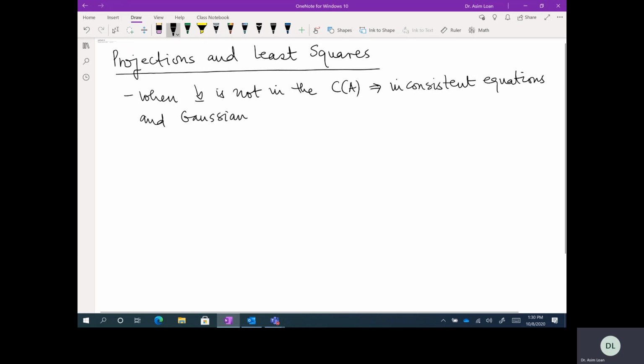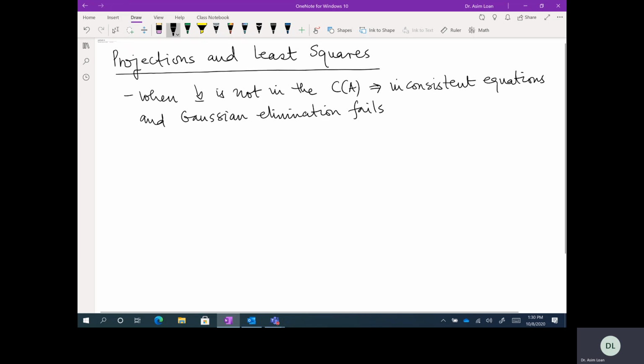So in this case we probably have more equations than unknowns.